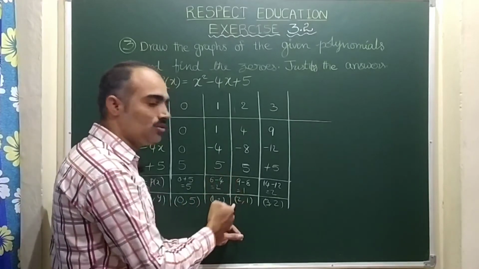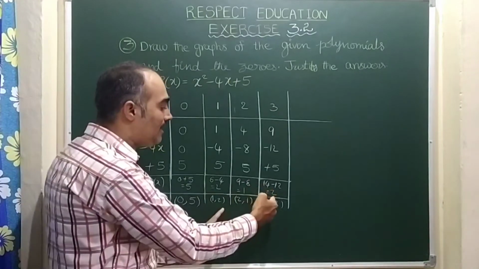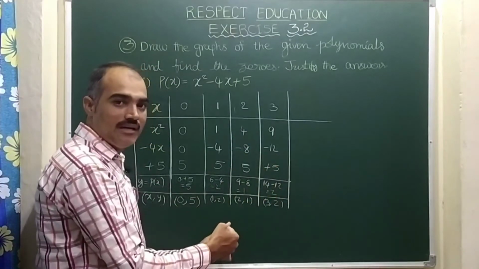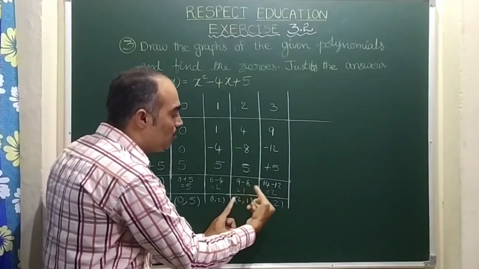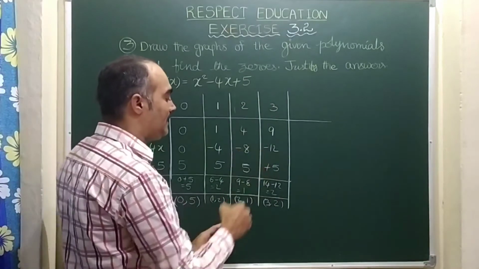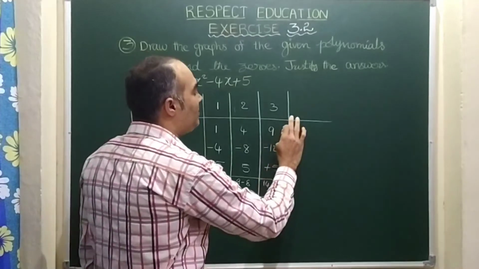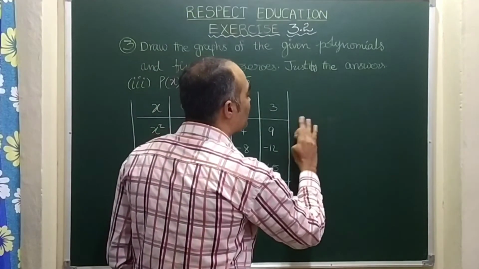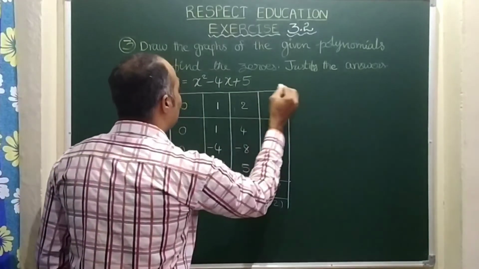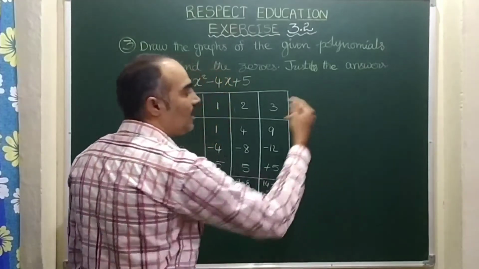Again I increased x to 2, then y became 1. With the hope that I may get y value 0 if I increase x further, I increased from 2 to 3. So now x became 3. Then what happens here? Y also started increasing. Right? Without wasting time, better we stop writing these values. With these values we are going to draw the graph.